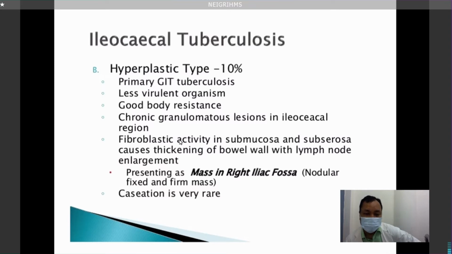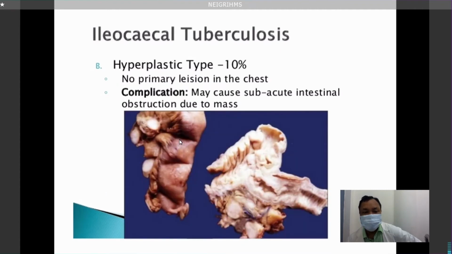Because of this, there's a hyperplastic reaction, and usually a mass will form in the right iliac fossa. In this type of lesion, caseation, which is found very commonly in tuberculosis, is usually rare. These are some pictures of how the hyperplastic type looks.